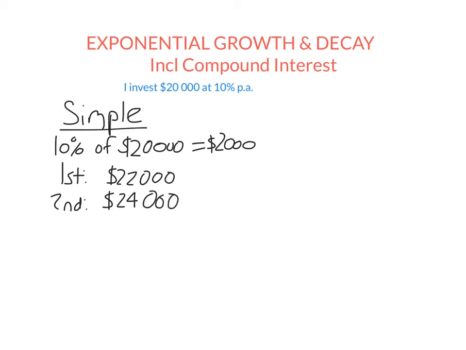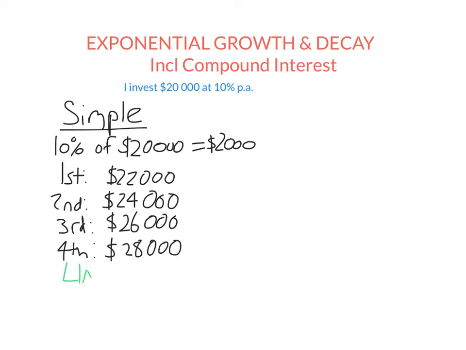You see that each year the amount you have is going up by the exact same amount. So when it goes up by the same amount, it's still growing. Your investment is growing. We call this linear growth, going up by the same amount each time. Okay, so that's what you did last year with simple interest.